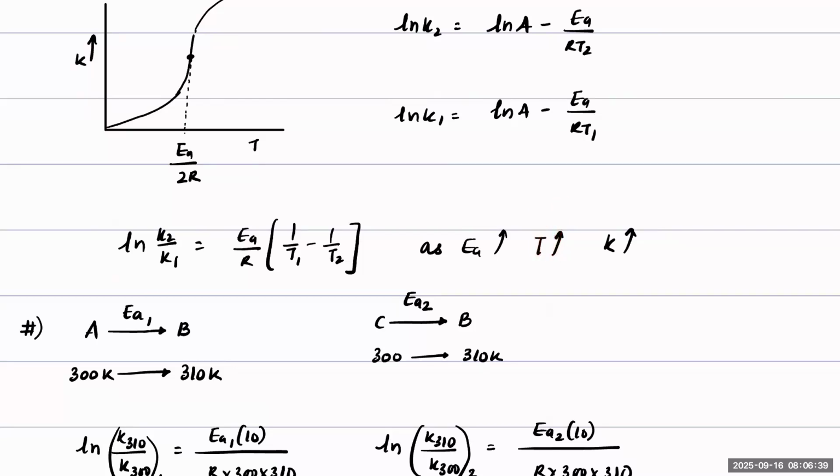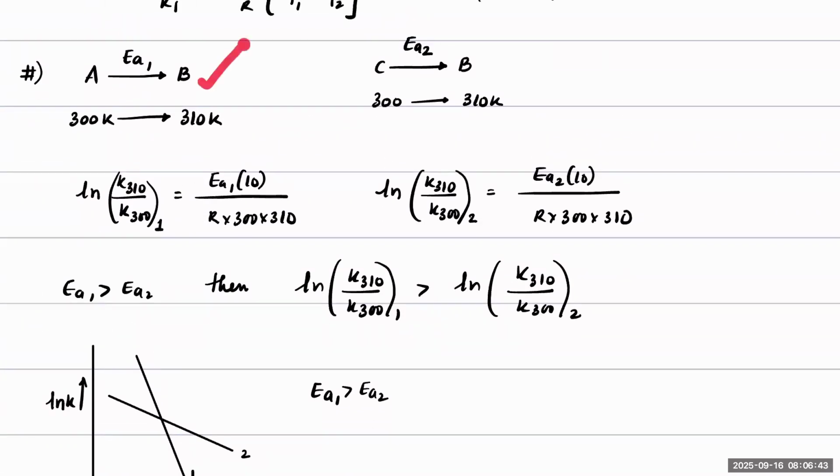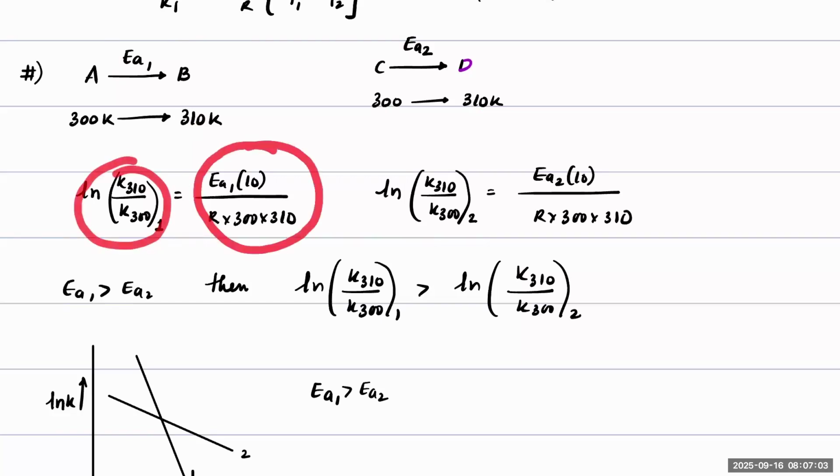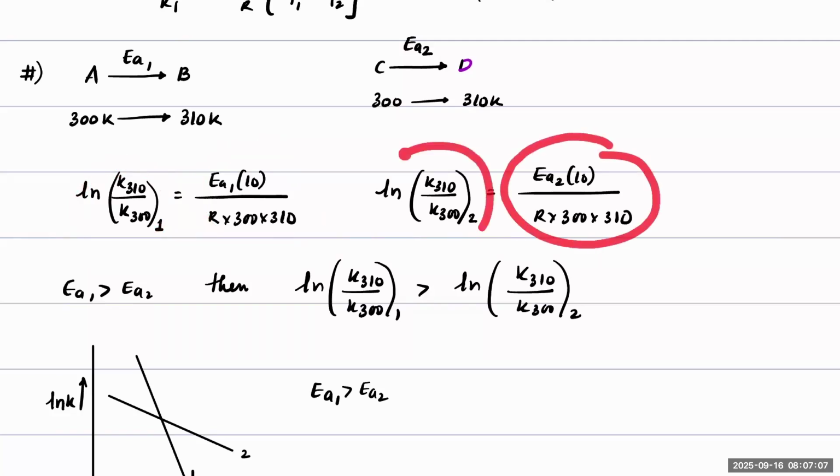Now if you notice, I have A to B and C to D. Two equations with two different activation energies. Both of them are going from temperature 300 to 310. So ln K2 by K1 can be written as EA into 10 by R into this value. Same is the case here also.